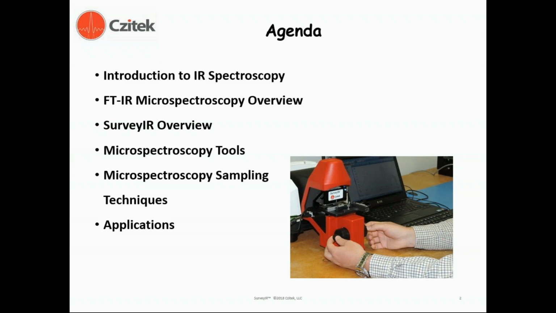Next, we'll present some of the tools that we use to prepare and present samples to the instrument, and also some of the sample analysis modes that we can employ to simplify and collect high-quality infrared spectra from micro samples. Lastly, we'll demonstrate some of the analysis results that we can expect to get using these methods.